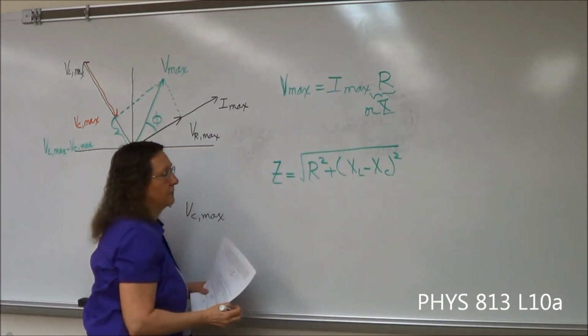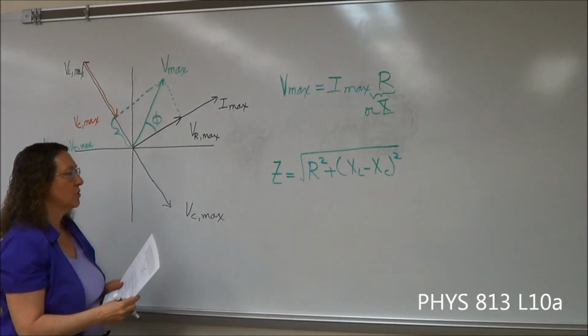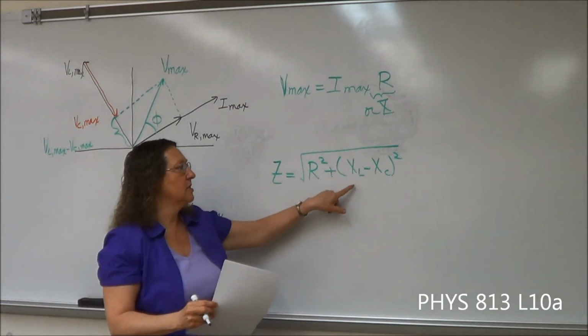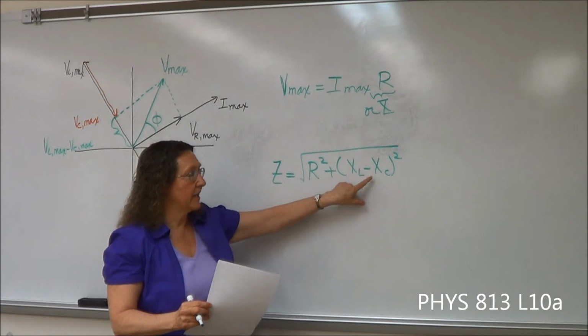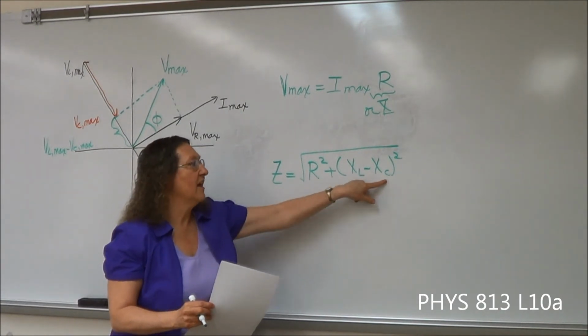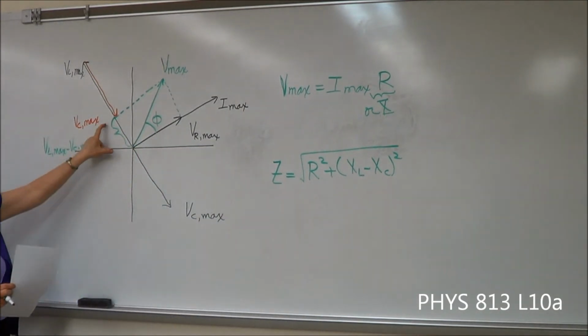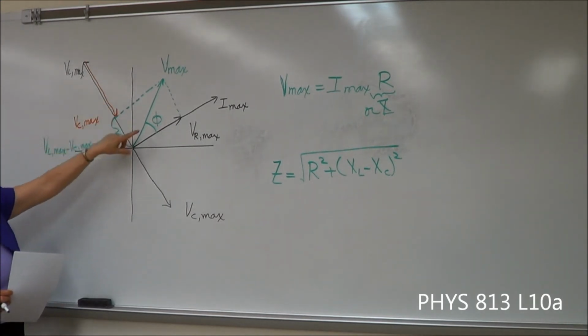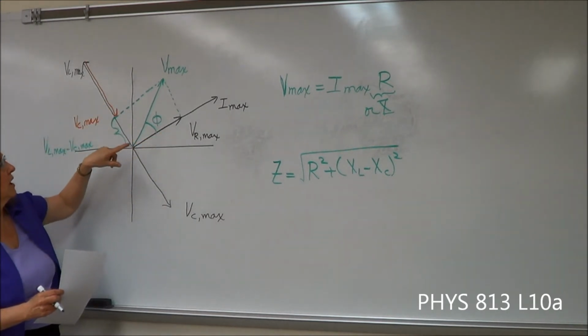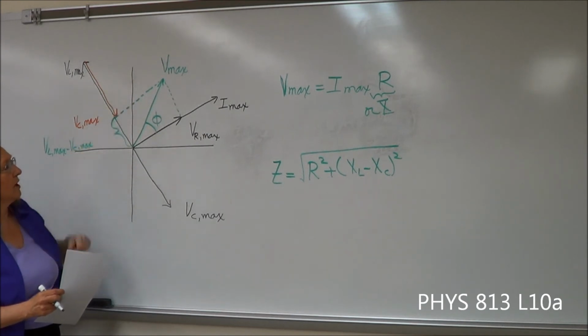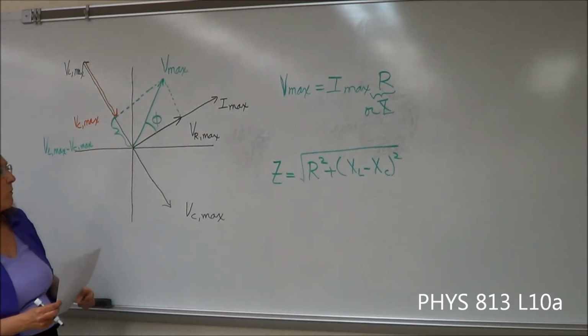So you want to make sure when you're doing this, it's not XL squared minus XC squared. You have to take the difference first. Notice that this is the difference. So that squared plus the VR squared will give you the hypotenuse squared. So you take the square root of it.